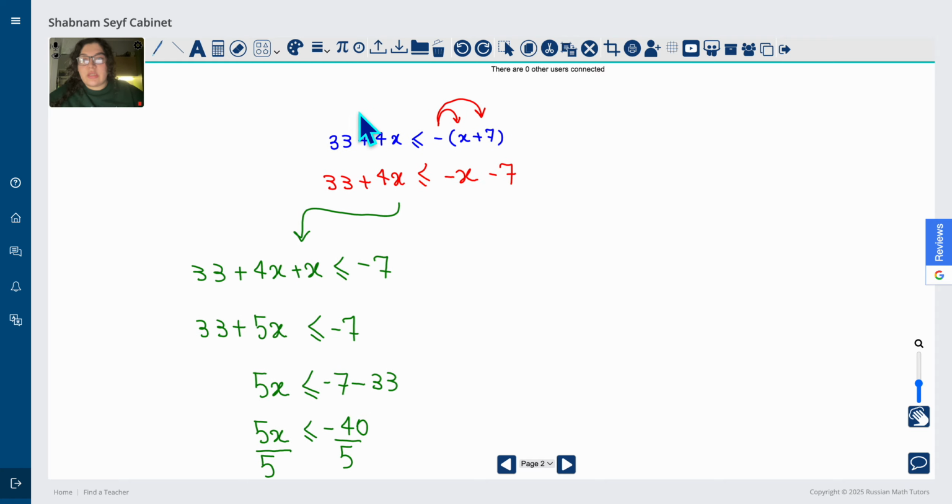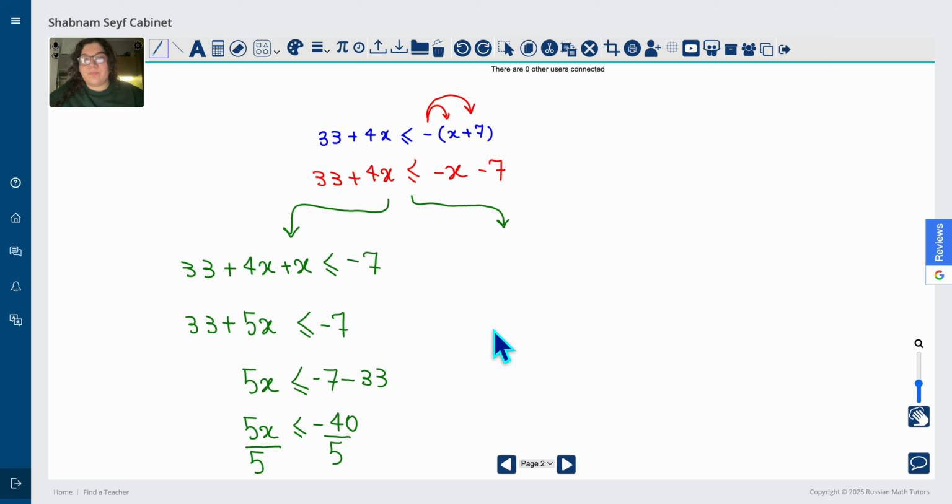Would the answer change if I decided to solve it a bit differently? Not really. This time, instead of starting with negative x and moving it to the left-hand side, let's start with 4x and move that to the right-hand side.